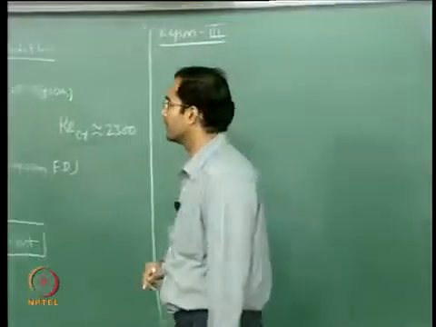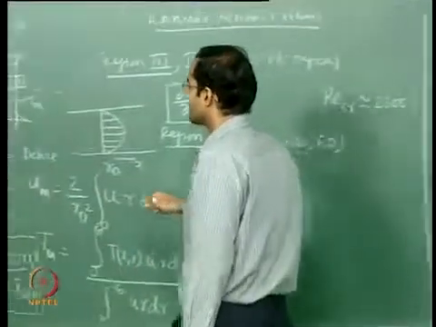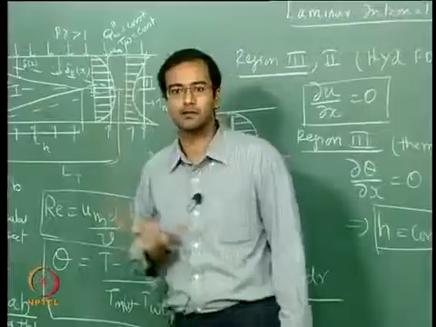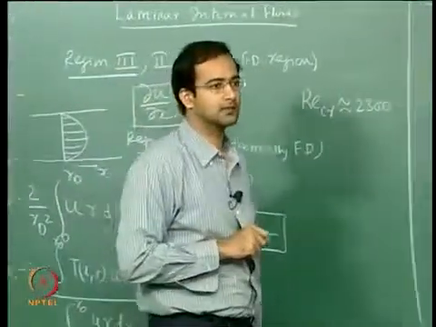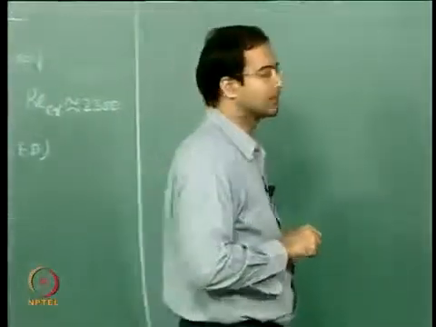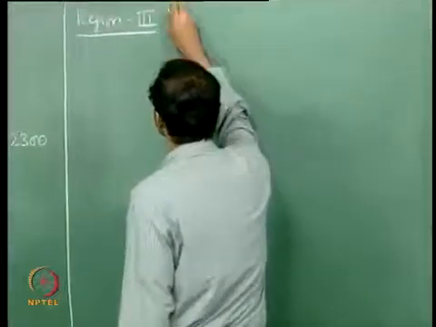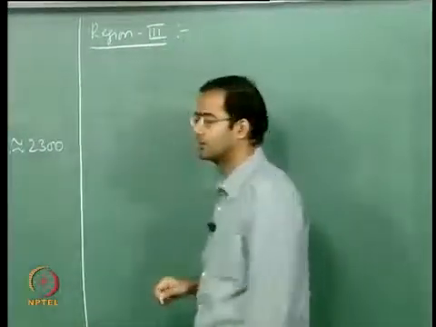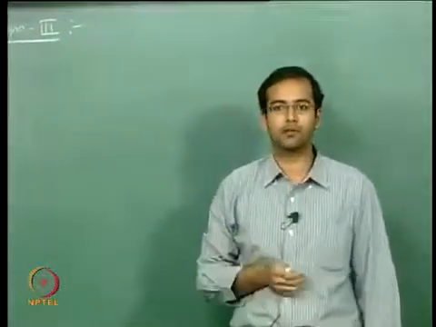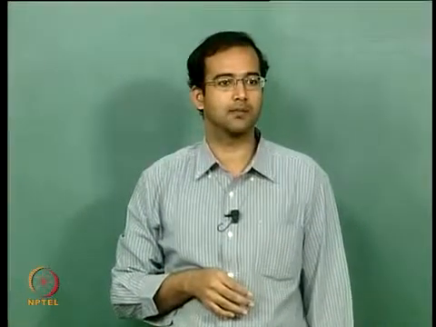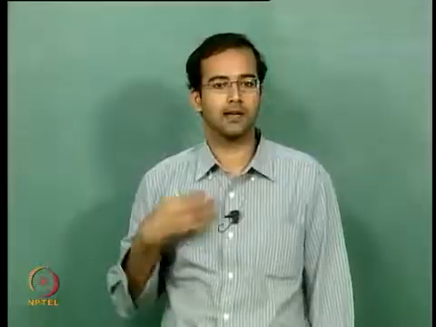We will make certain approximations when it comes to region 3. So what are the approximations? Why we are looking at region 3 is that it is one of the simplest to start with, because you can make several approximations so that your Navier-Stokes equations become much simpler, so you can get a direct exact solution to that.